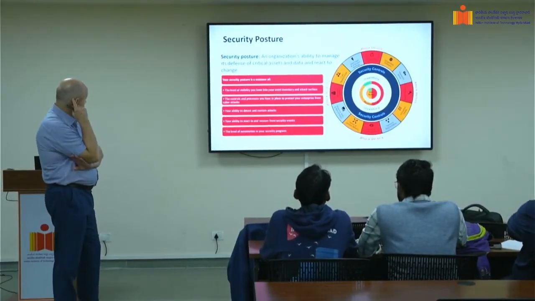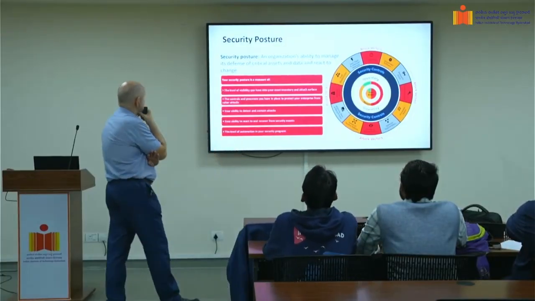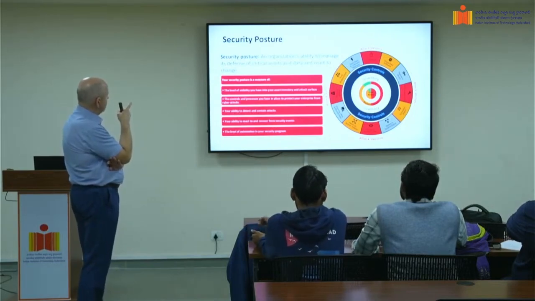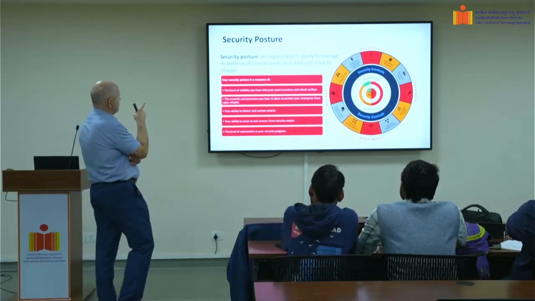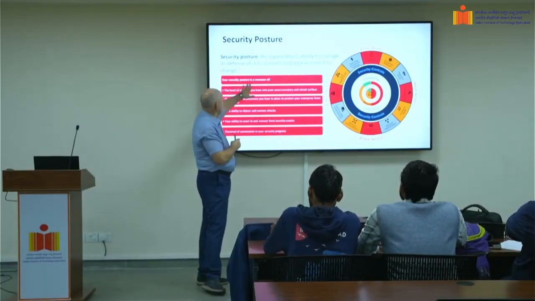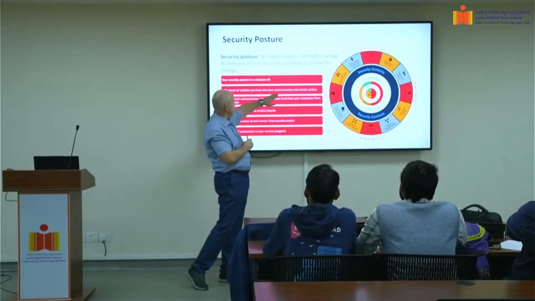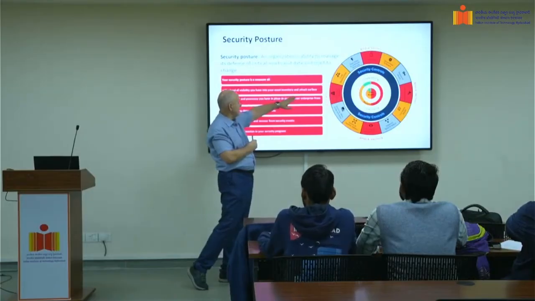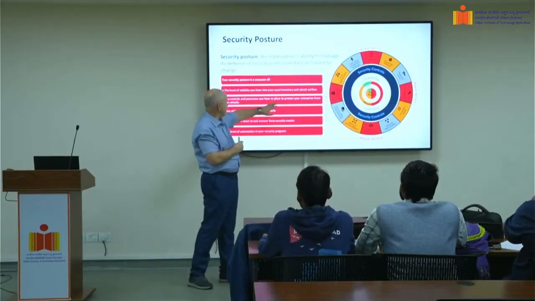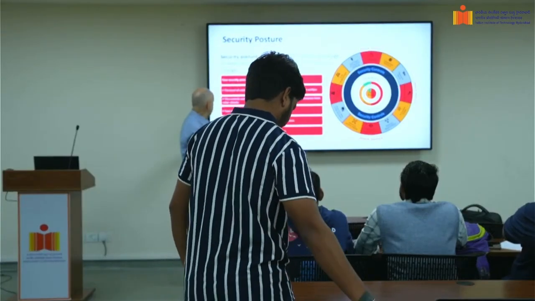Now one of the main terms is security posture. You see this definition: the organization's ability to manage its defense of critical assets and data and react to change. You see the level of visibility you have of your asset inventory and attack surface, the controls and processes you have in place to protect your enterprise from attack, your ability to detect attacks, and your ability to react.